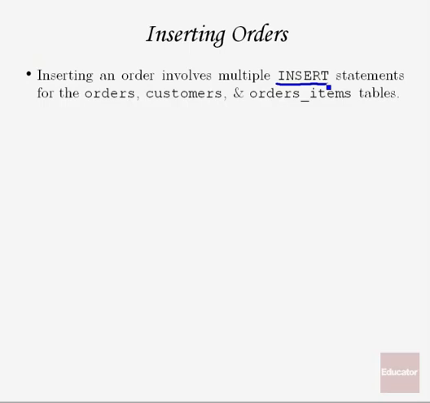So for example, when we create an order, a user submits all the information about all the items in their cart and the quantities, and then they submit customer information, and then in our orders table we store date, timestamp, and so forth. Well, basically the first insert we're going to do is an insert into the customers table.